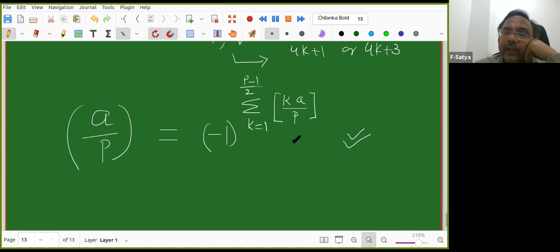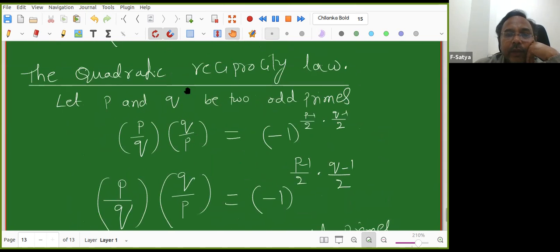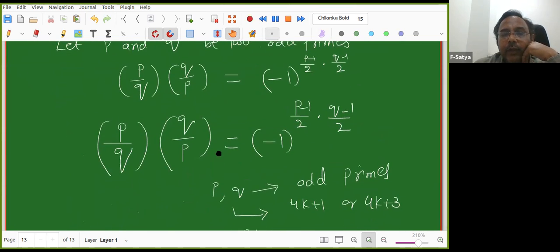But in the Gauss lemma, there is no problem of A being even or odd; A can be anything, whereas here it is odd only. But he gave this approach, and by using it the proof of the quadratic reciprocity law becomes simple.